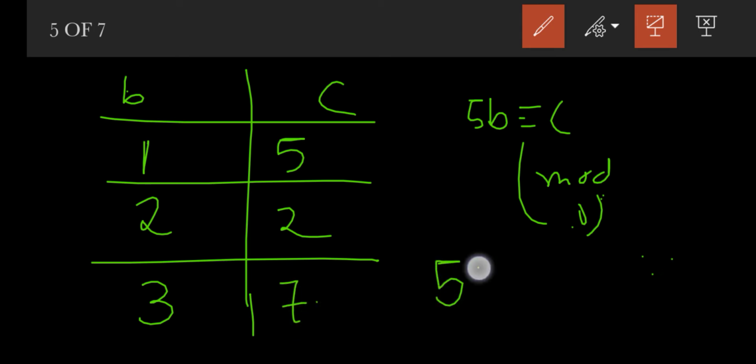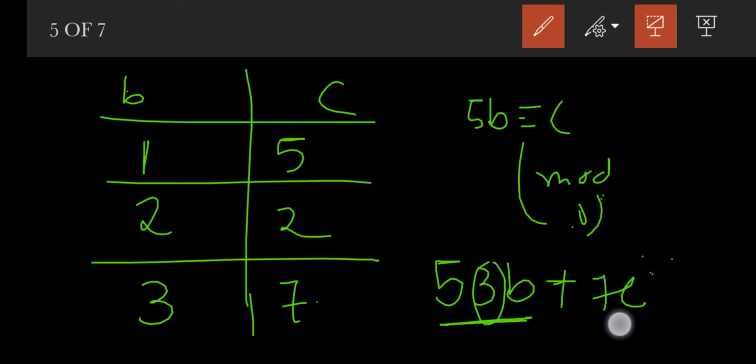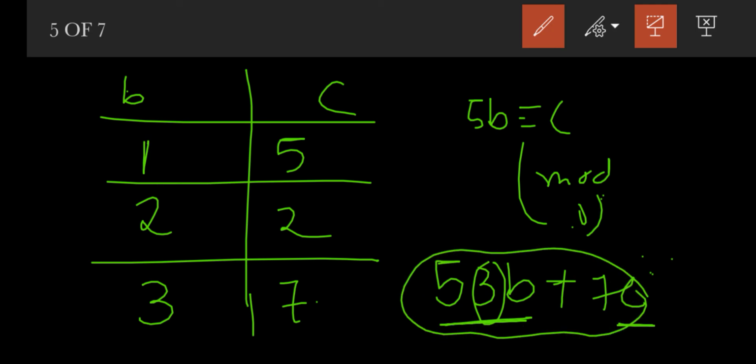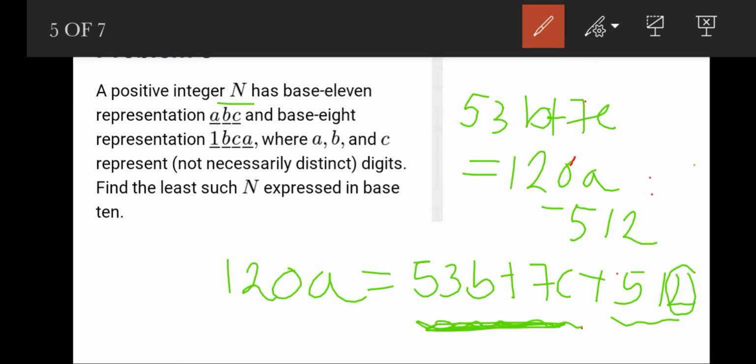Now the term is 53b plus 7c. If we put 1 here, we get 3 in the rightmost digit, and 7 times 5 is 35, so 5 is the rightmost digit, and together we get 8. The sum is obviously minimum for this case, so for b equal to 1 and c equal to 5, this holds.